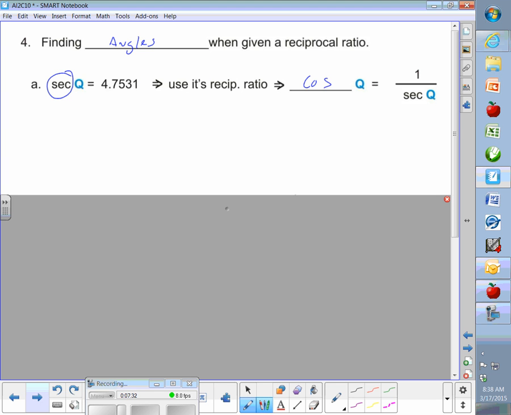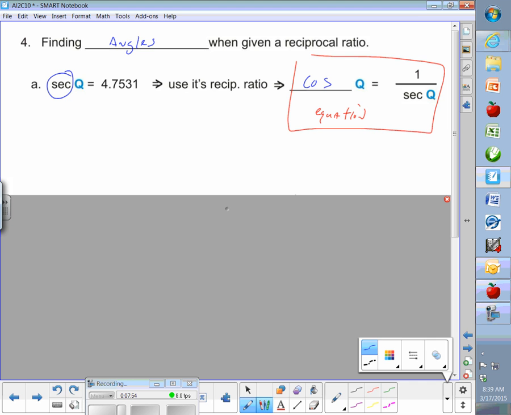Okay, but what ends up happening then is this becomes an equation. Now this is for when you're finding the angle. It'll be a little different procedure when we're finding the ratio. But that's your equation.